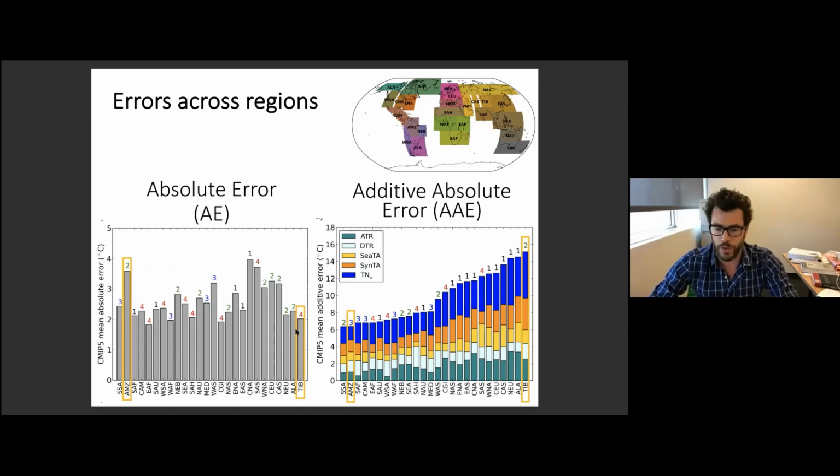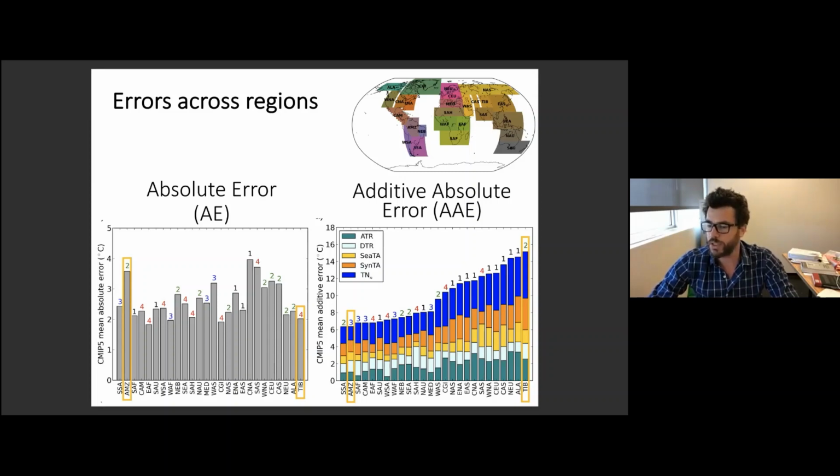And you can also look at, for example, TIB, which is the Tibetan Plateau region, which is a very complex region to simulate. In the absolute error, it appears as relatively good, on the order of 2 degrees error.